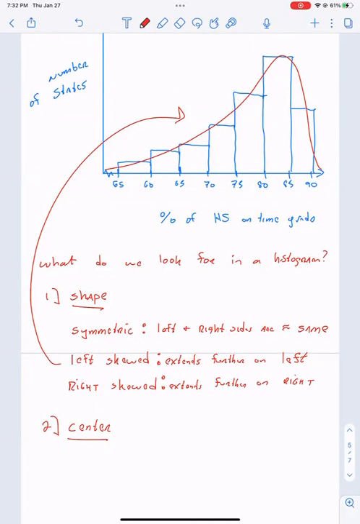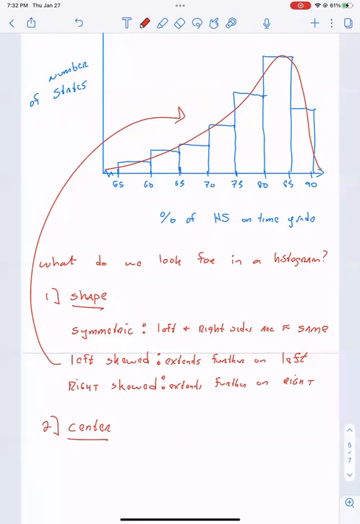And I want you to balance it on one finger. Where would you have to put your finger underneath this histogram for it not to tip one way or the other? That's what we're going to call the center of the histogram. In this case, if you had to take a guess, it doesn't have to be perfect, but where would you put it?